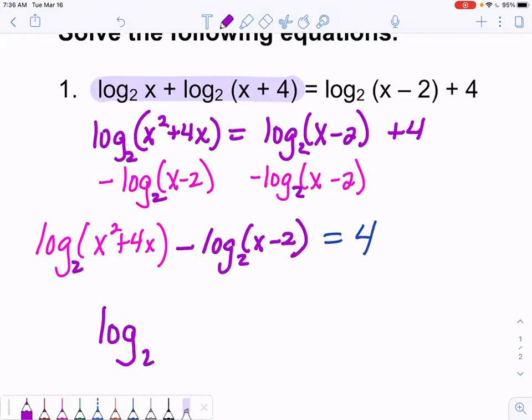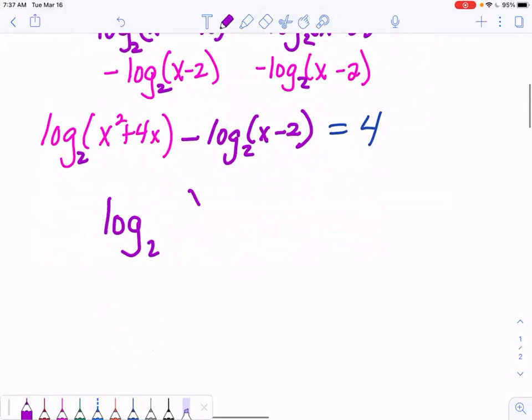So when you divide logs, you're dividing the expression after the log. So we condense the log, base 2. And then we're taking x squared plus 4x and dividing that by x minus 2. And again, this is grouped together, and that x minus 2 is grouped together.